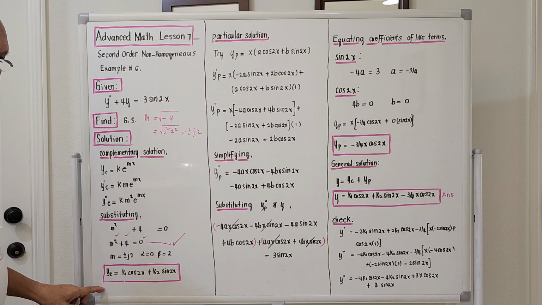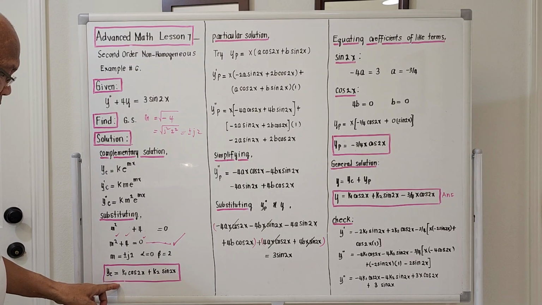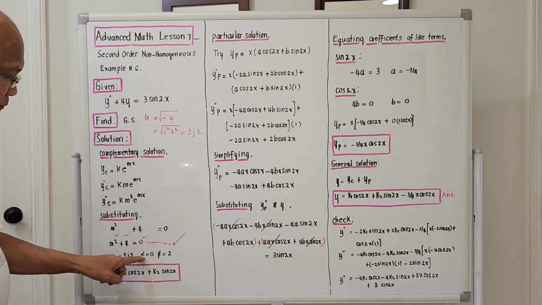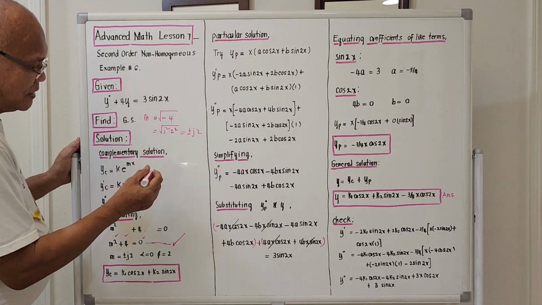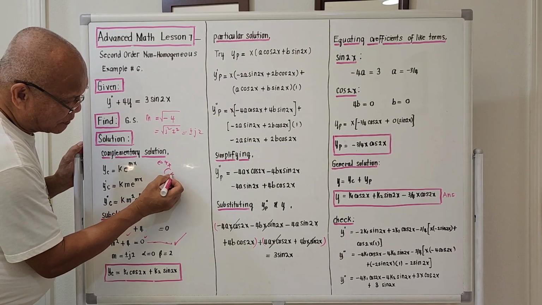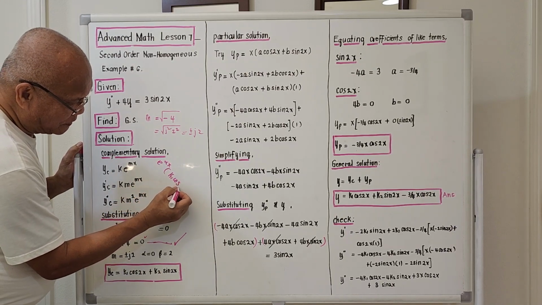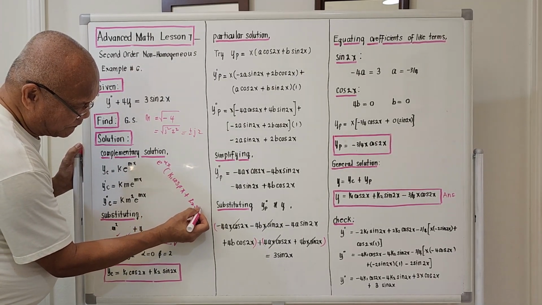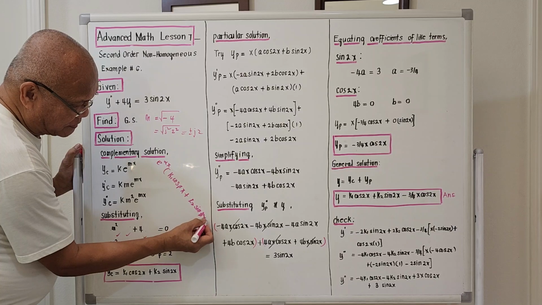So the complementary solution now will be k1 cosine of 2x plus k2 sine of 2x, since alpha is 0. Because the general form is e to the alpha x times k1 cosine of beta x plus k2 sine of beta x.